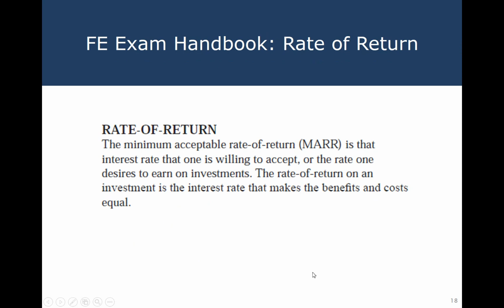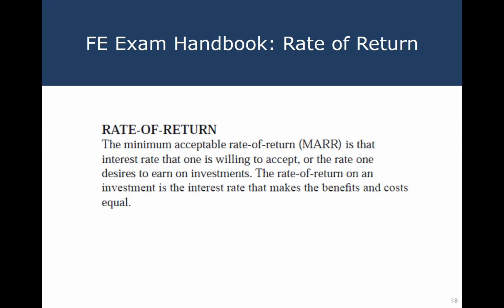Okay, so for the FE exam again, there is another term, the so-called rate of return. There's a definition for MARR. What's the meaning of MARR? It is the minimum acceptable rate of return, the rate that one is willing to accept, or the rate one desires to earn on investments.